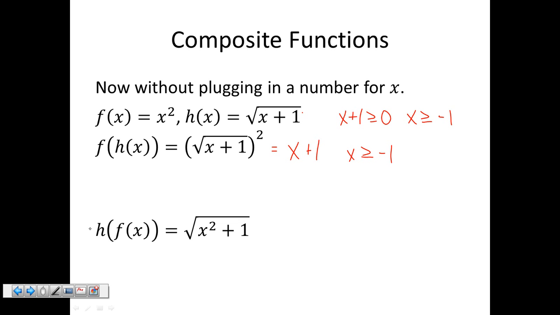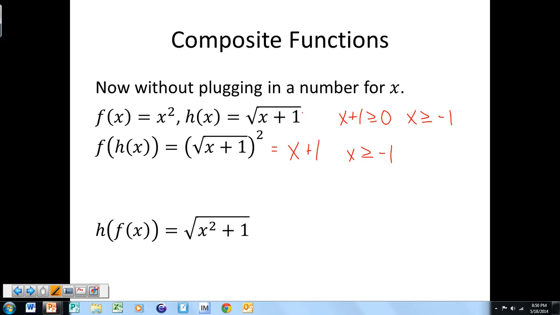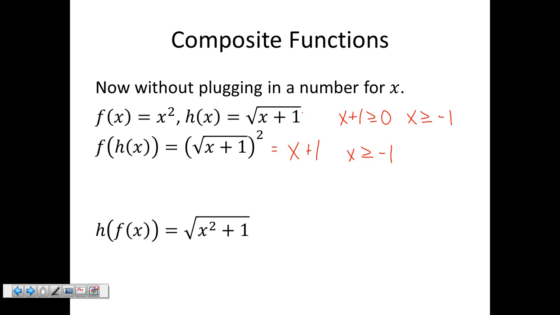If I switch it around, find h of f of x, now that x squared is getting plugged in for the x, now the square root doesn't cancel out the square. So now I need to address that domain problem again, where the stuff inside the square root has to be greater than or equal to 0.